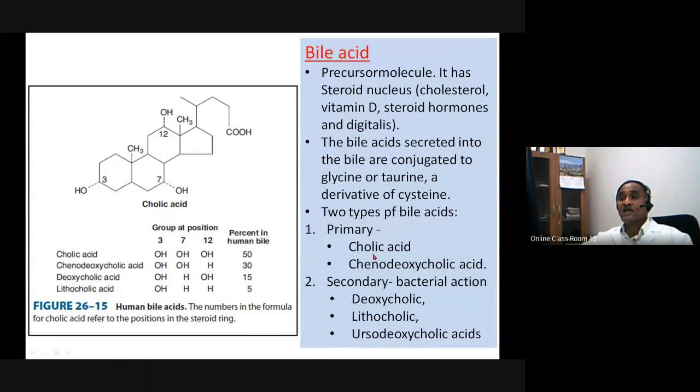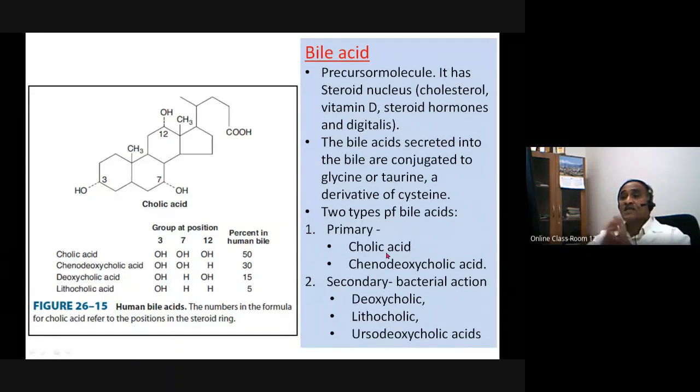They are either in the form of cholic acid or chenodeoxycholic acid. These are the primary bile salts. You can see the percentages of these salts: cholic acid is 50% and chenodeoxycholic acid is 30%, so nearly 80% of the bile acids are of this nature.